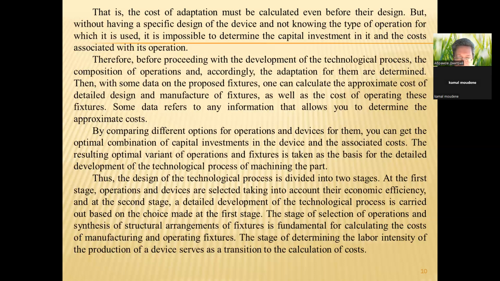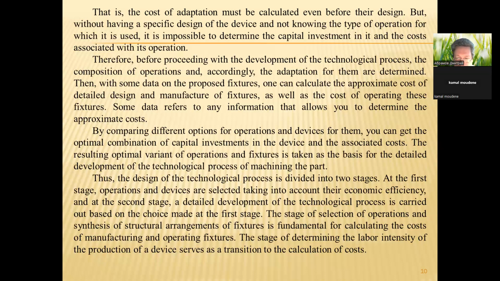Thus, the design of the technological process is divided into two stages. At the first stage, operations and devices or fixtures are selected taking into account their economic efficiency. And at the second stage, a detailed development of the technological process is carried out based on the choice made at the first stage.